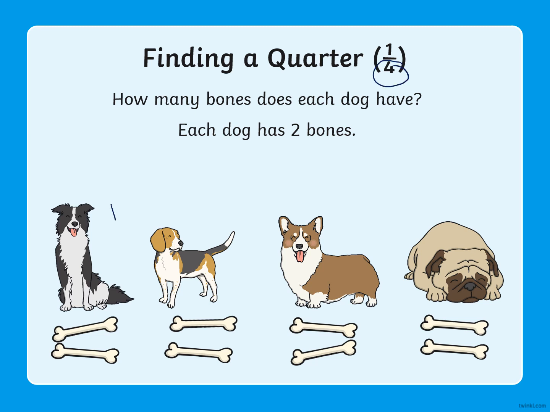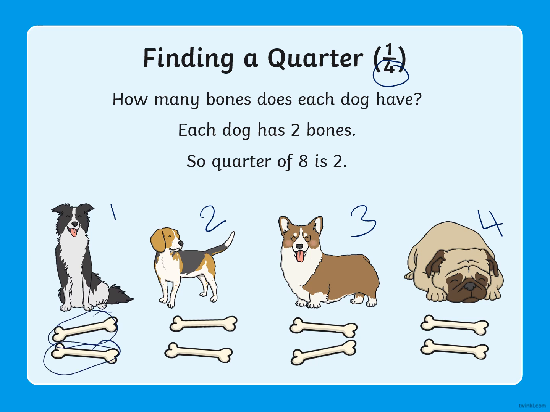So there's 1 group, 2 groups, 3 groups, 4 groups. So a quarter of 8 is 2, because each dog has 2 bones. So a quarter of 8 equals 2.